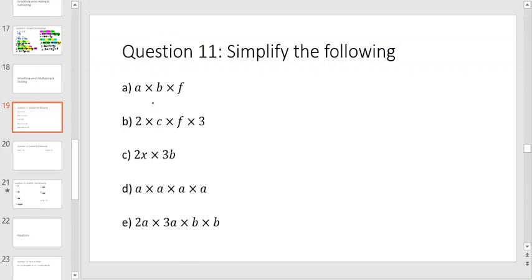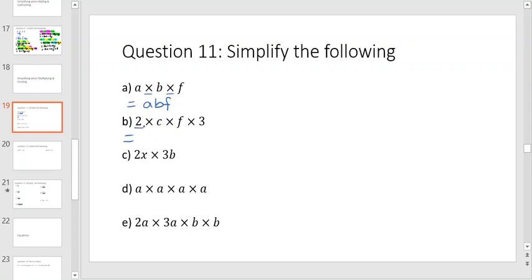Okay, so we know when we're multiplying with algebra and numbers, the multiplication symbols can become invisible. And then any numbers that we have, we can multiply. So with our first one, I don't see any whole numbers. All I got is a times b times f. Just make them invisible. So we have a, b, and then f. And I wrote it in alphabetical order. Done. With b, I've got a number here, 2 times c times f times 3.